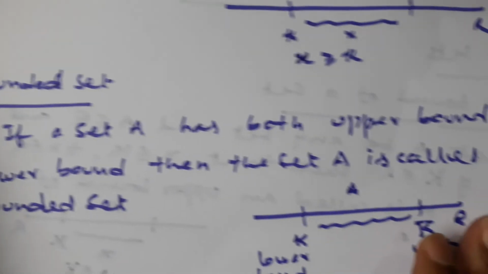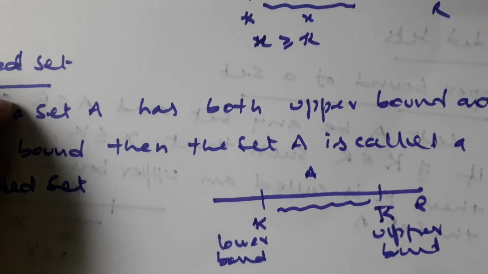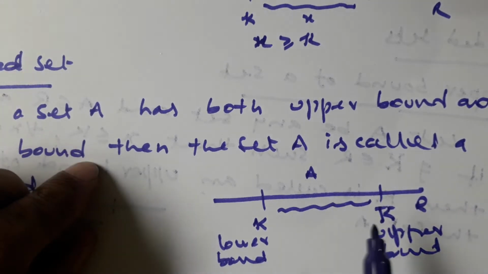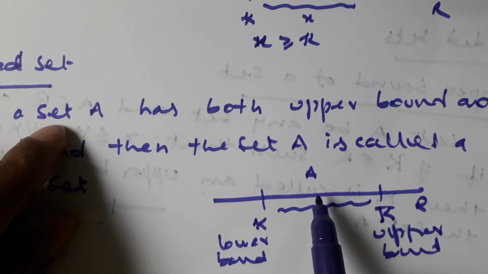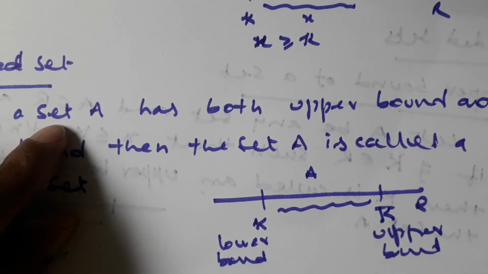For this set A, K is the upper bound and small k is the lower bound. Then the set A has both upper bound and lower bound. Then this set A is called a bounded set.